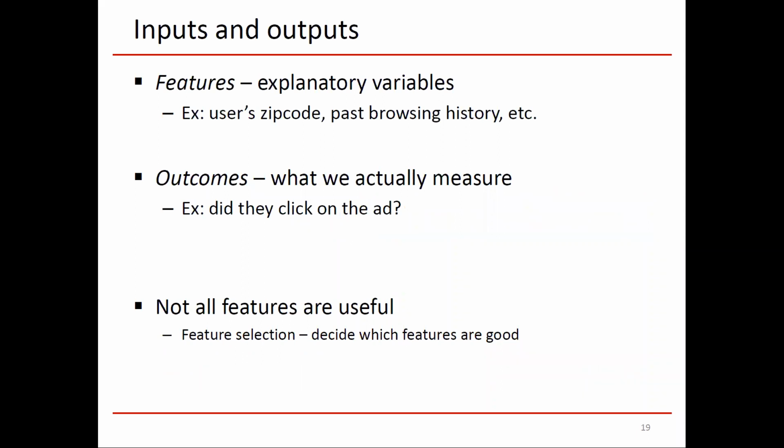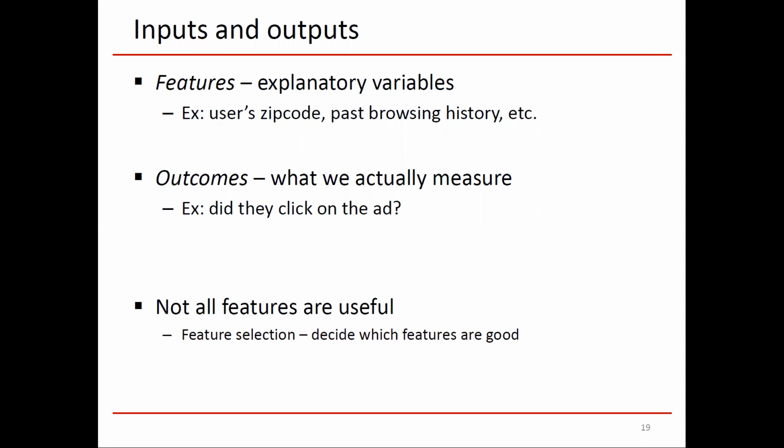We have a machine learning system. There are numbers going in, there are numbers going out, and the features are the explanatory variables. So imagine that you're trying to guess whether a person is going to click on your ad or not, or whatever you're trying to predict.